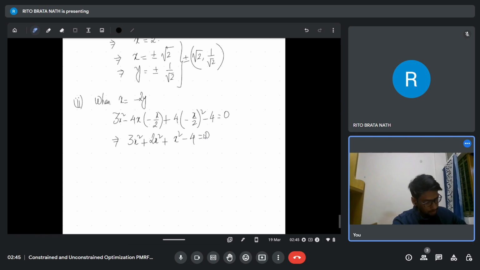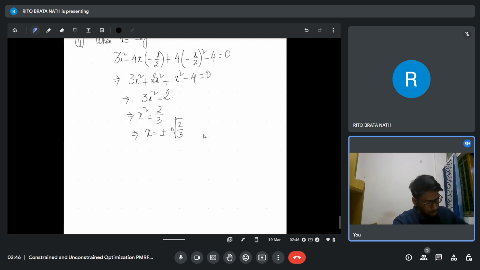So that's 6x square, so 6x square equals 4, and x square equals 2 by 3. X is plus minus root 2 by 3.